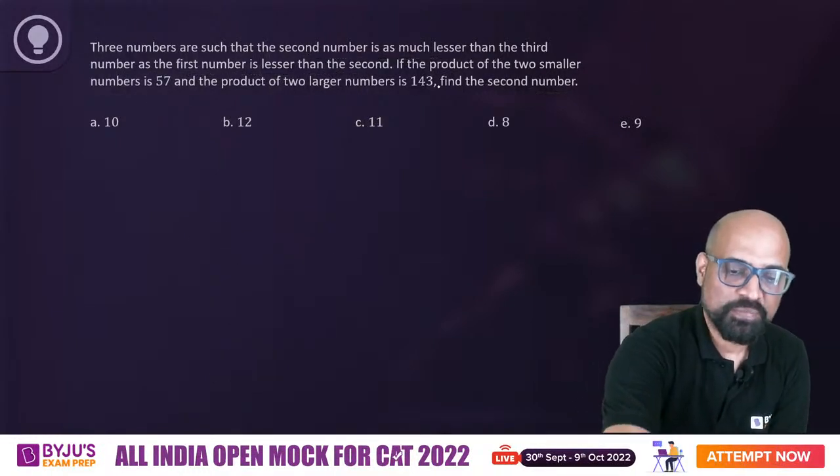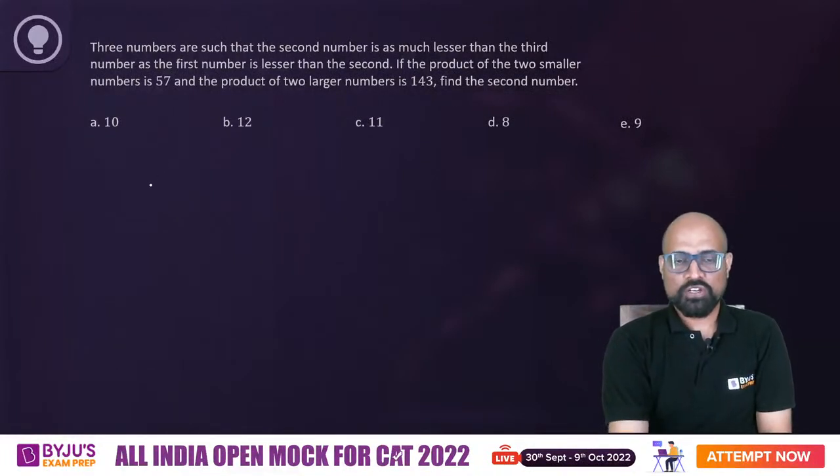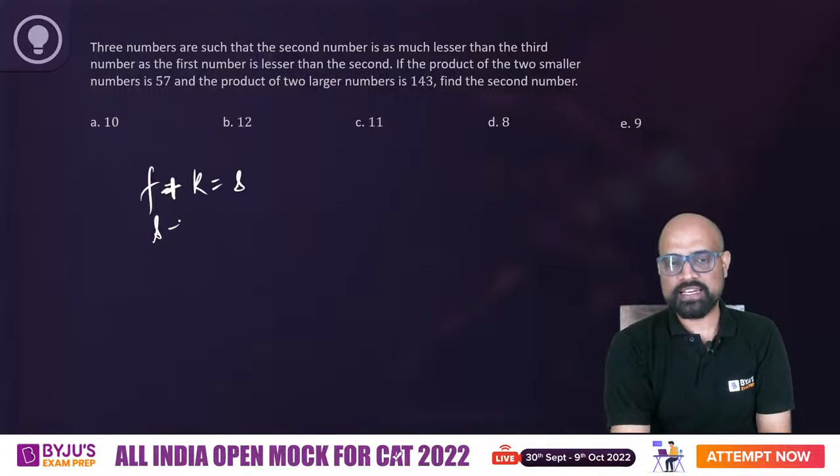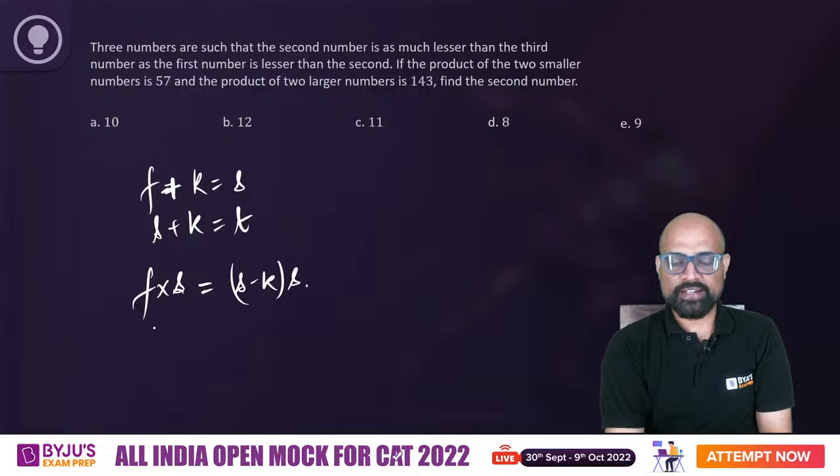Okay, एक काम करते हैं, last attempt देते हैं. Let's assume they are fractions. So we can say that first number plus something is equal to second number and second number plus something is equal to third number. Then product of first and second. So instead of first, I can write s minus k into s. And this is equal to 57. And from the next one, I can write second into third.